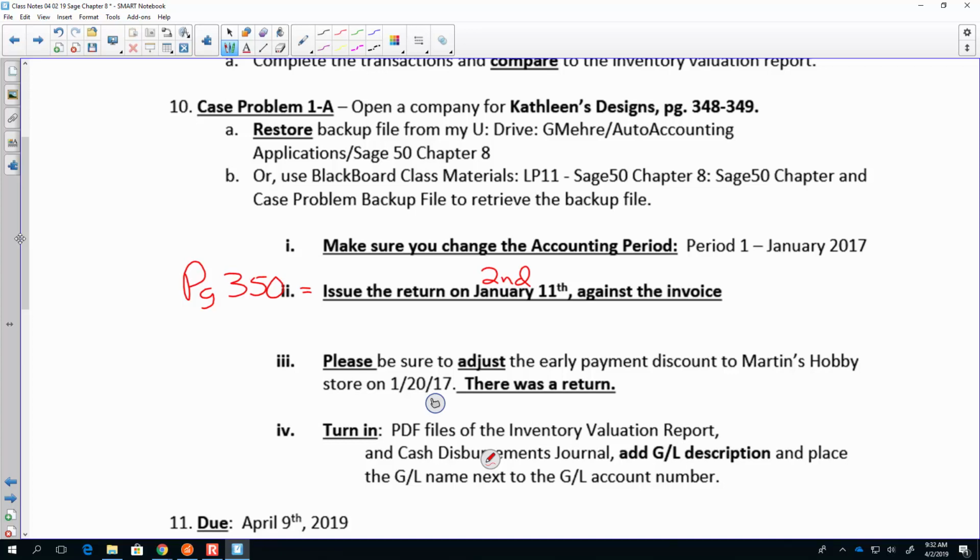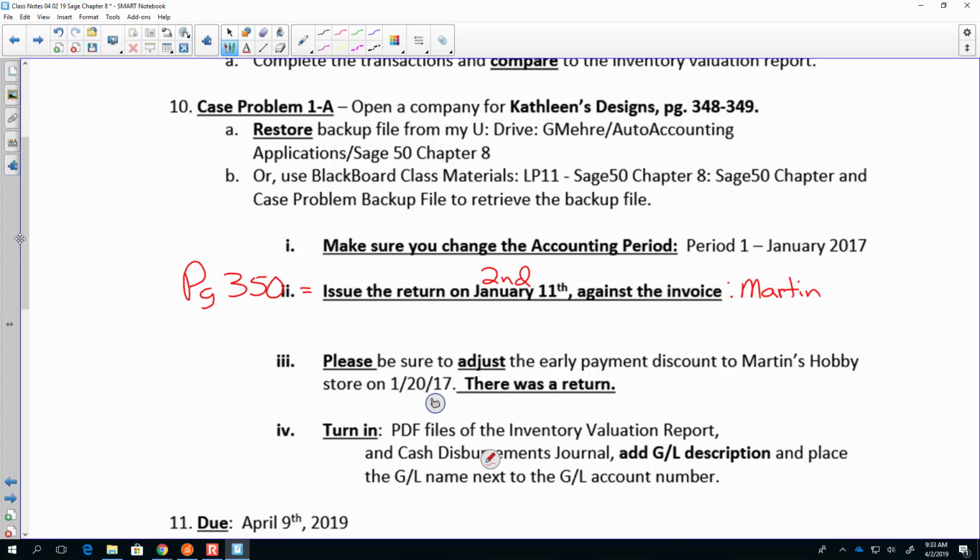This is on the stencils bought from Martin's. The invoice is originally from Martin Hardware or whatever it is.